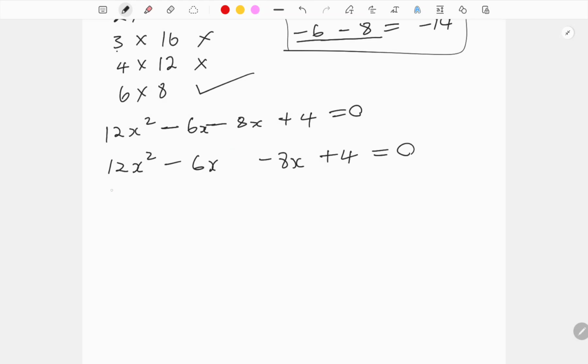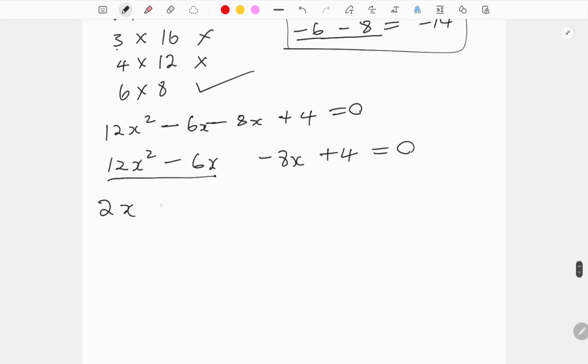Oh yes, good. Then we are taking the common factors from this side. We have a common factor of, not a constant but a coefficient, and x as well. It's going to be 2x outside. Then we have 6x, because when you multiply these two, they give you 12x squared. Then minus 3. Then when you multiply 2x by minus 3, you get minus 6x. Good. And then this side, what's the common factor here?